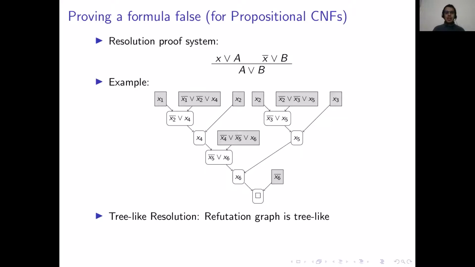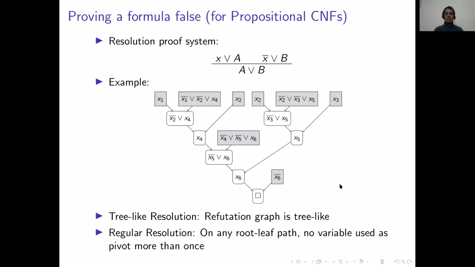There are special cases or restrictions of resolution. The first one is tree-like resolution, which puts the condition that the refutation graph should look like a tree. The second restriction puts the condition that on any root to leaf path, no variable should be used as pivot more than once.